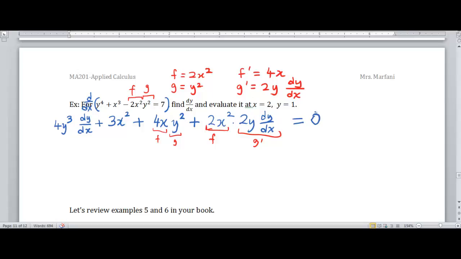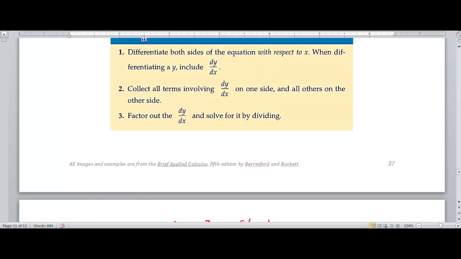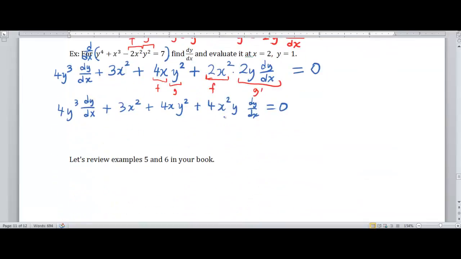Alright, so now I can simplify this. I'll get 4y cubed dy/dx plus 3x squared plus 4xy squared plus 2 times 2 gives me 4x squared y dy/dx. Okay, and that equals 0. Now I have to collect everything with a dy/dx on one side and everything without a dy/dx on the other side, right? That's what my steps tell me.